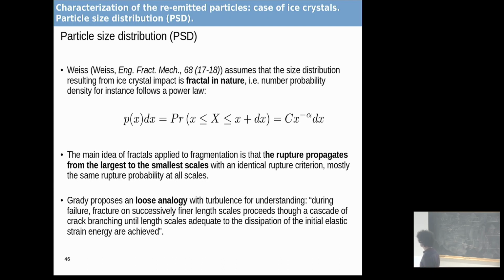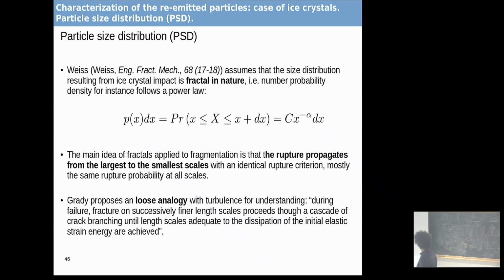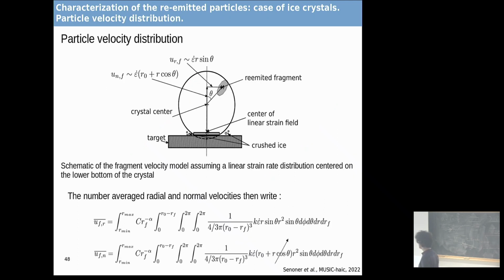So, well, the parallel may not be so clear, but that is the one proposed by Grady. And once again, when we tried this fractal description for the particle size distribution on the databases we had, it was not so bad to characterize the re-emitted cloud of particles.